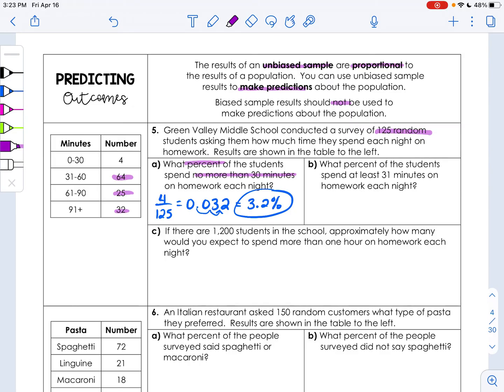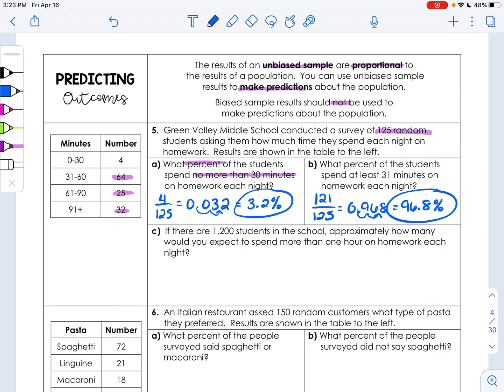So if we add that together in our calculator, we get 121 out of the total 125 students. 121 divided by 125 in the calculator gives me 0.968. But again, we want the percent, so we want to move our decimal 2 places, which would give us 96.8%.